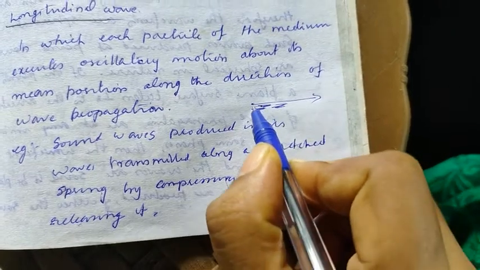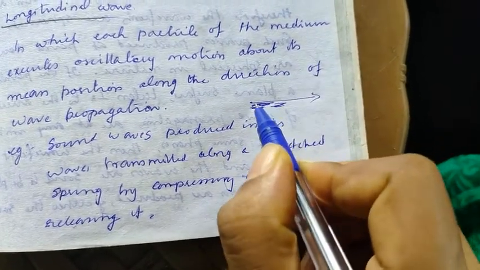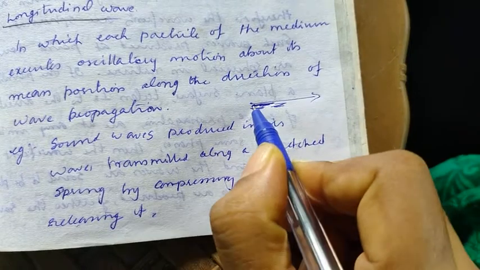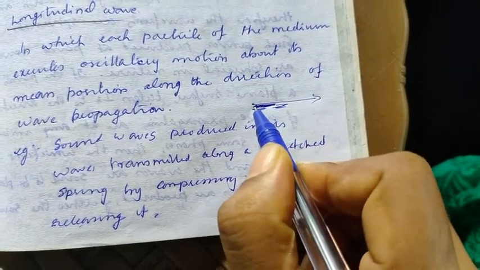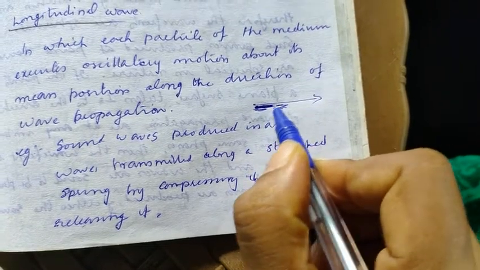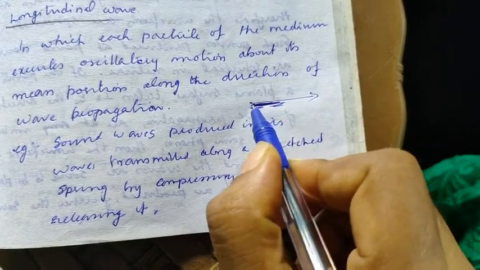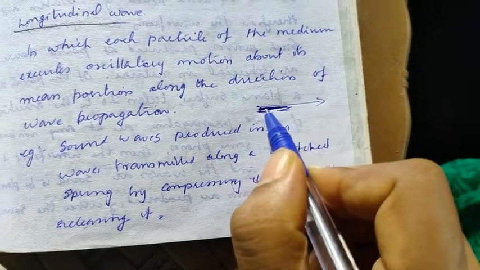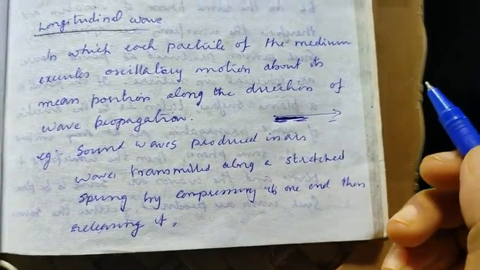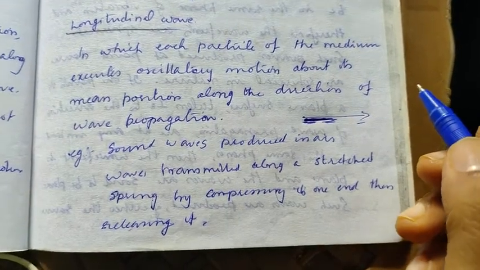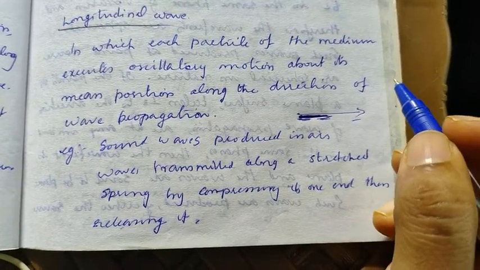Means the particle vibrates from a mean position to this position, and comes back, moving to and fro like this. That is, the motion will be in the direction of propagation itself. So that kind of motion is longitudinal waves.